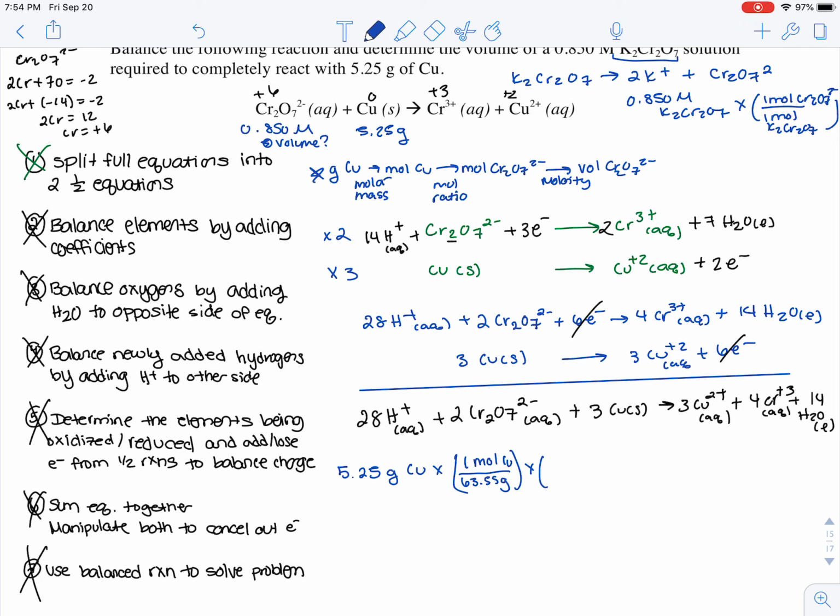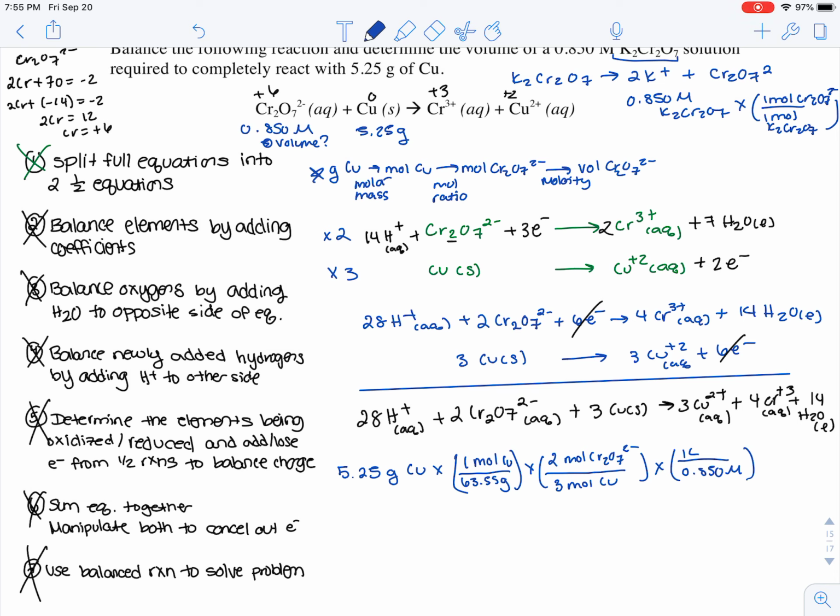So then I can use my mole ratio, which is 3 to 2. So 2 moles of dichromate over 3 moles of copper. And now, since I want the volume, I can use the molarity to get the volume. 1 liter over 0.850 molar.